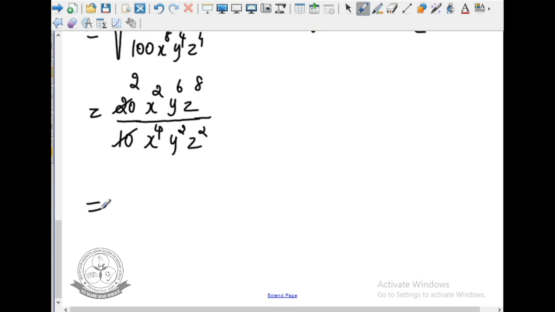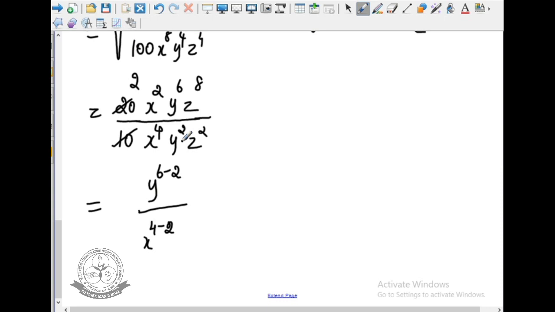Here in the denominator you have the greatest degree, so you write x power 4 minus 2. For the y variable the greatest degree is in the numerator, so you write y in the numerator with power 6 minus 2, because in the denominator you have 2. So y power 6 minus 2.